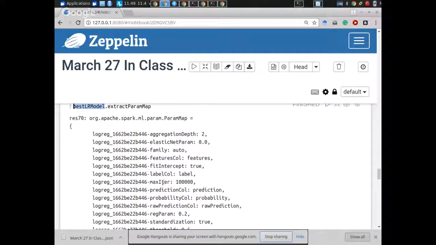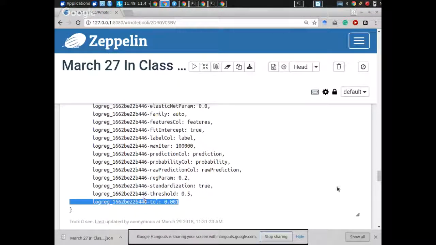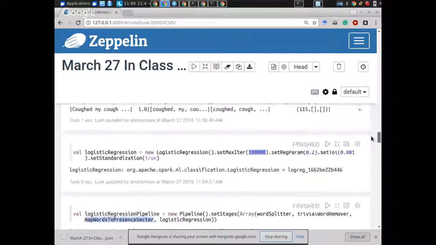Here we have to commit to a max iteration. We have to commit to a particular value of the regularization parameter, particular value for tolerance. Where did we commit to that? Well, we had set that up here when we first defined the logistic regression. We're going to see next time how we can actually say, hey, look, try it for a bunch of different parameter values.